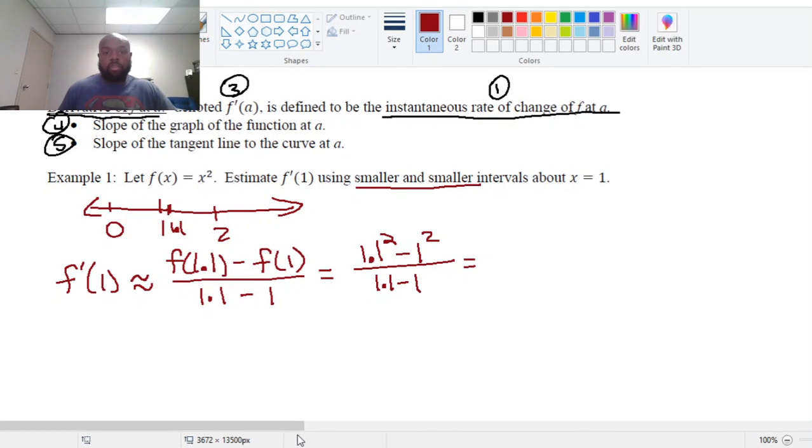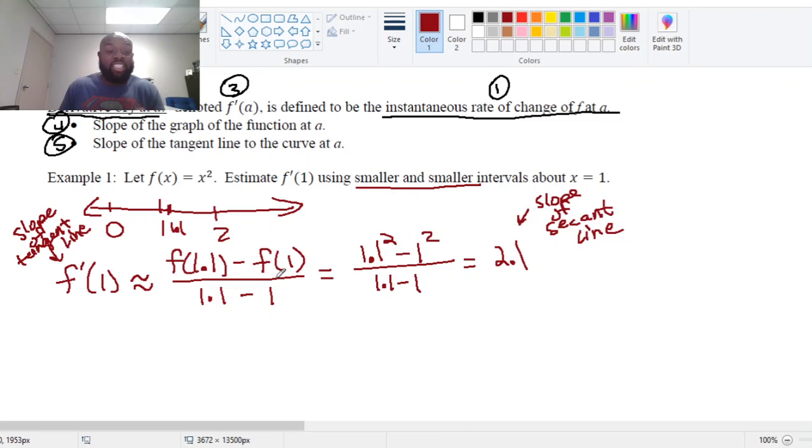All right, so let's write this down. Now, that's an approximation, right? So remember, this is a slope of a tangent line, but I'm using this formula to go from 1 to 1.1. So this is a slope of a secant line, right?